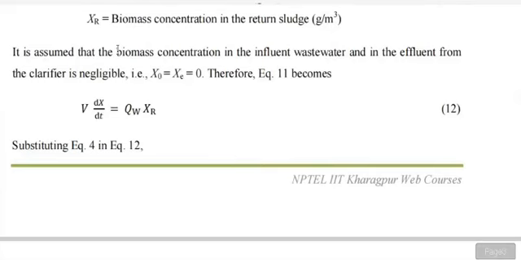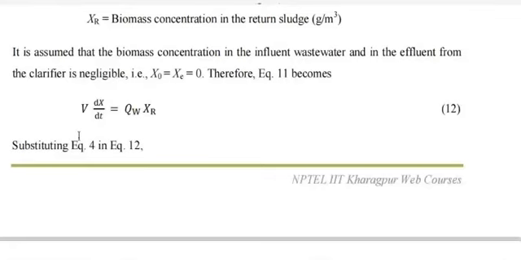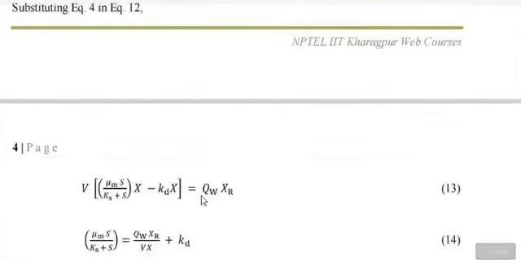We write V dx by dt is equal to Qw into Xr, and we mention this as equation number 12. After that, substitute equation number 4 in equation number 12. Now what is equation number 4? Let's see. We have to substitute this dx by dt, the growth rate. Let's see here.